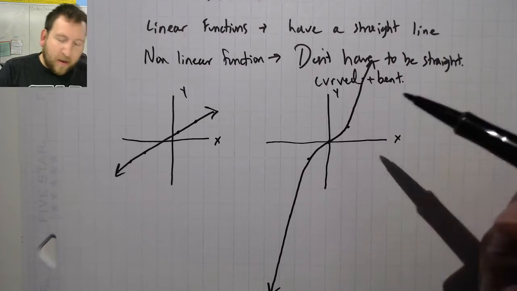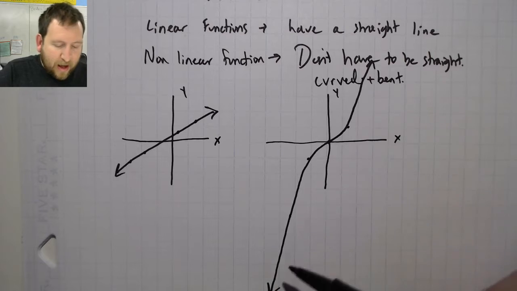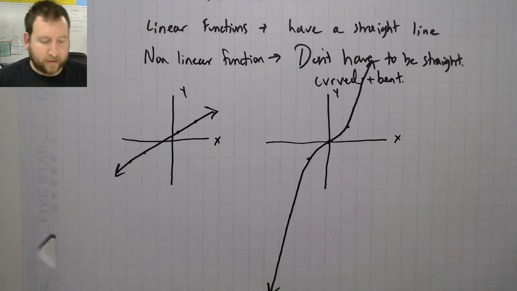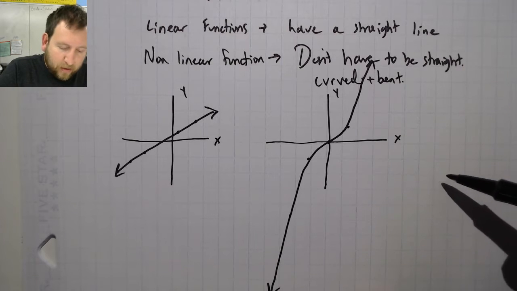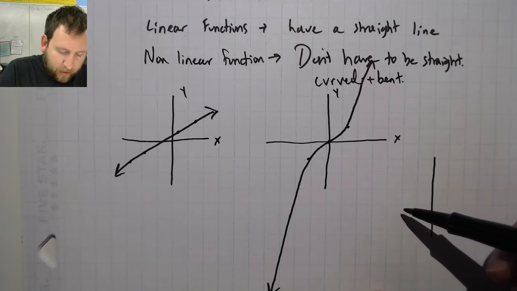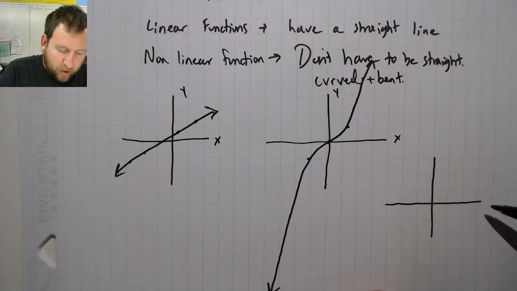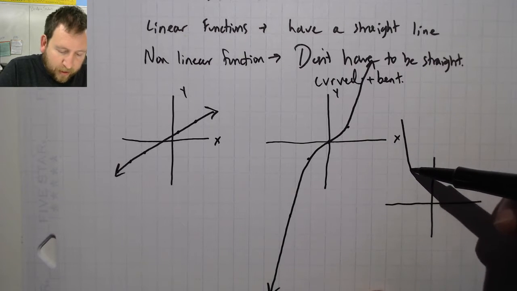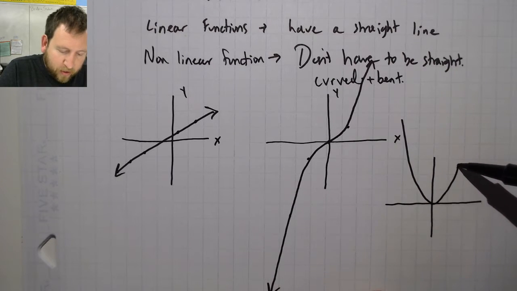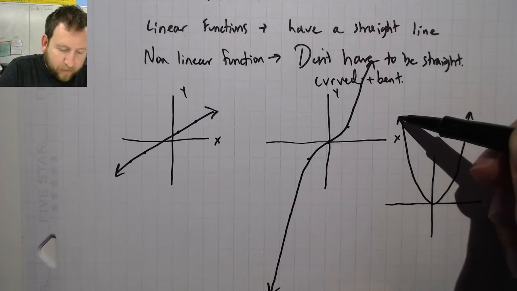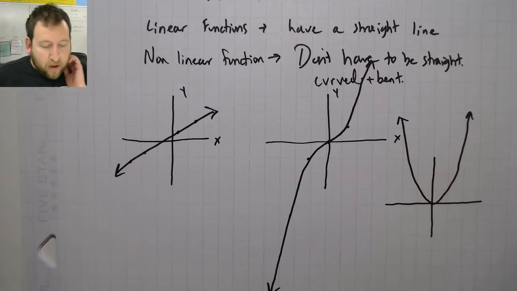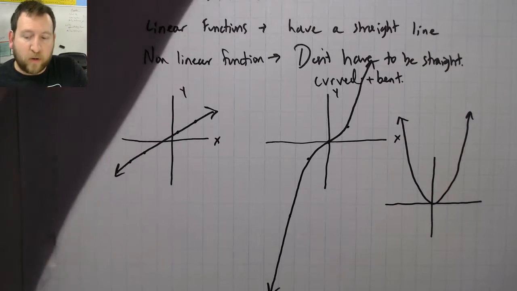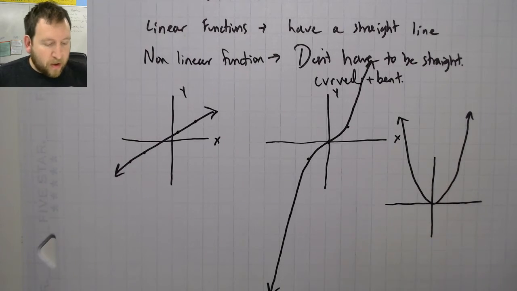And you'll notice immediately that this function is not a straight line at all. It is clearly bent, and then sometimes you'll even see functions that look like this. This one is even more so. It will often look like this, taps the origin, and then goes back up. This is clearly not a straight line, but it is still a function.